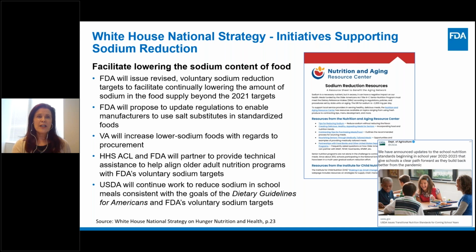In the national strategy, it says as well that the USDA will continue work to reduce sodium in school meals, consistent with the goals of the dietary guidelines and also the FDA's voluntary sodium reduction targets.